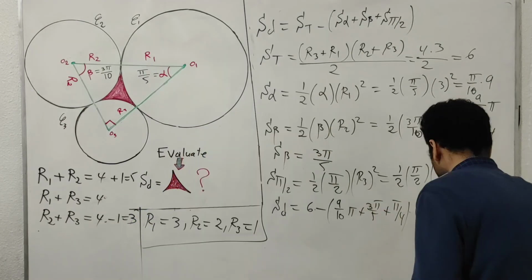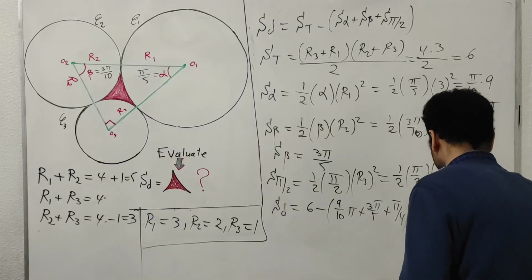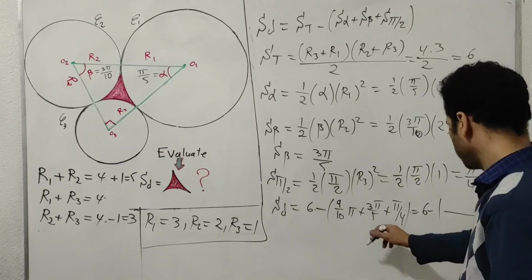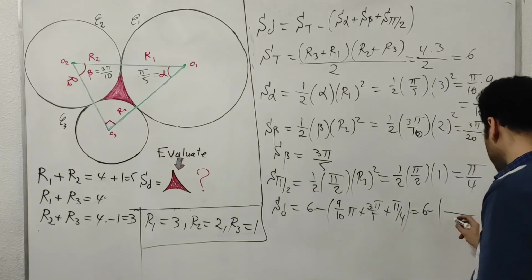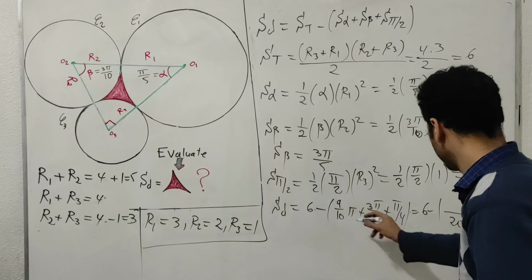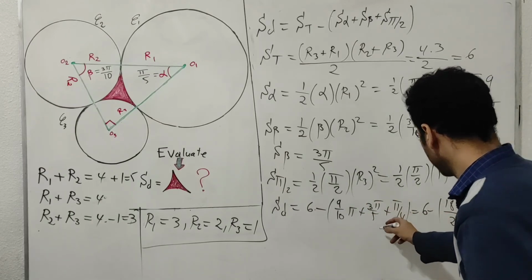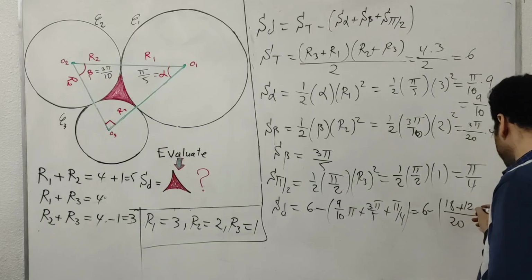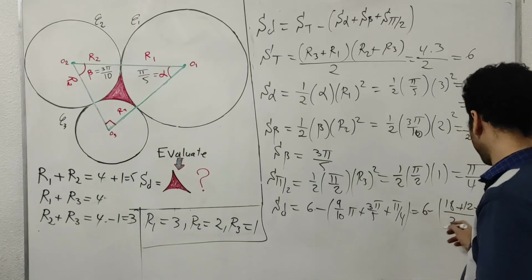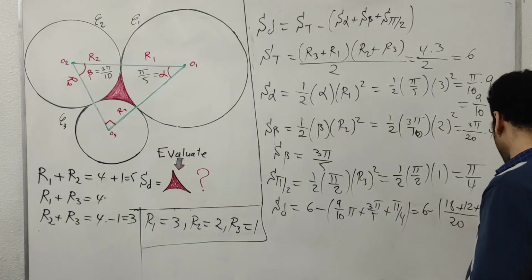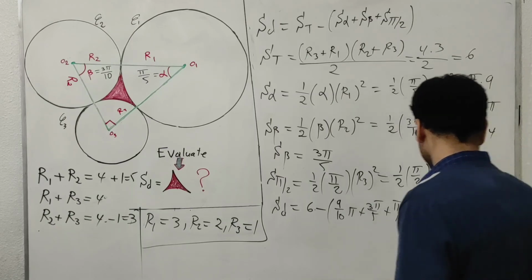Okay, by simplifying this one, we will get 6 minus, by putting 20 as a common denominator, this one is multiplied by 2, which is 18. This one is multiplied by 4, which is 12. This one is multiplied by 5. The whole thing is multiplied by pi.